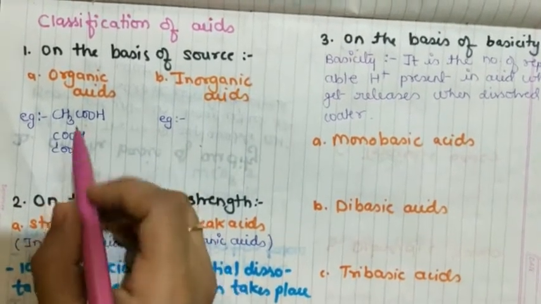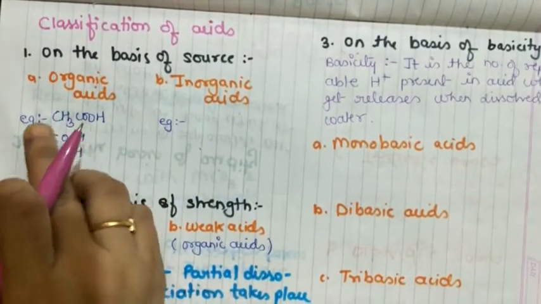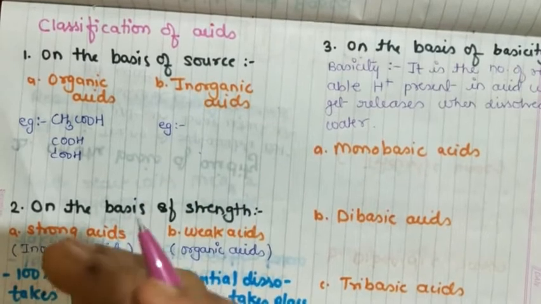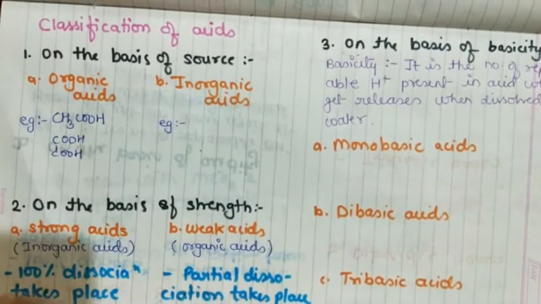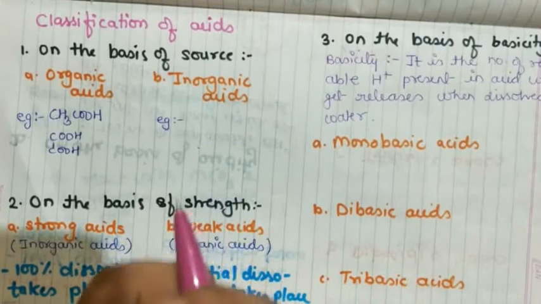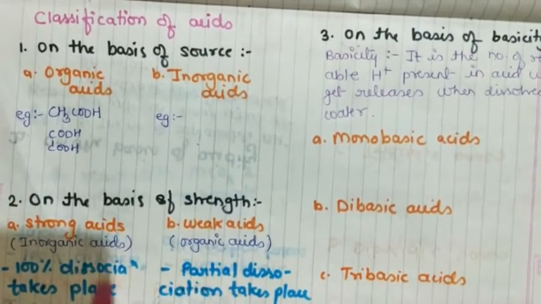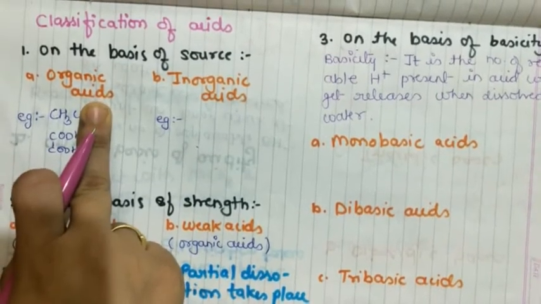Why are they called organic? Because they have carbon in their structure, or in their formula. So if any compound contains carbon and has the property of an acid, then definitely it will be considered an organic acid.